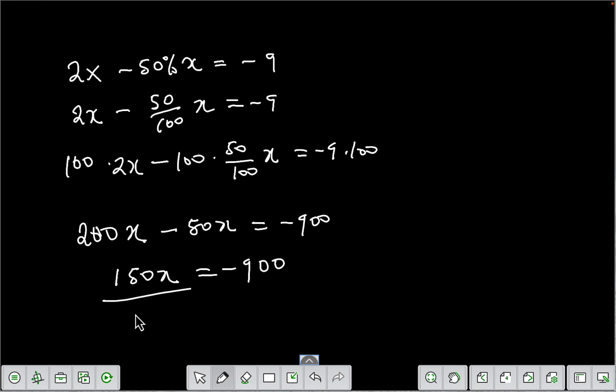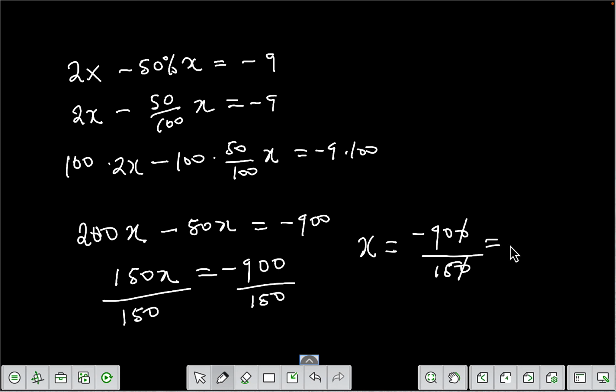So division property of equality, divide both sides by 150. So we have to divide both sides by 150, and you have x equals negative 900 over 150. So now let's see, 0 cancels 0. 15 times 2 is 30, times 3 is 45, times 4 is 60, times 5 is 75, times 6 is 90, right?